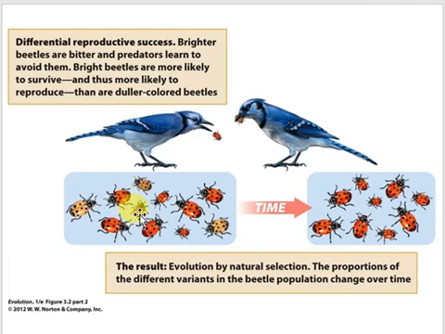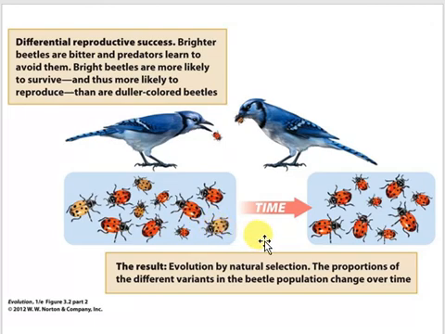These dull yellow ones are highly predated, whereas the bitter reds are not. And because of that selective predation, these red beetles are more likely to survive. Because they're more likely to survive, they have a higher probability of reproduction in comparison to these dull beetles.